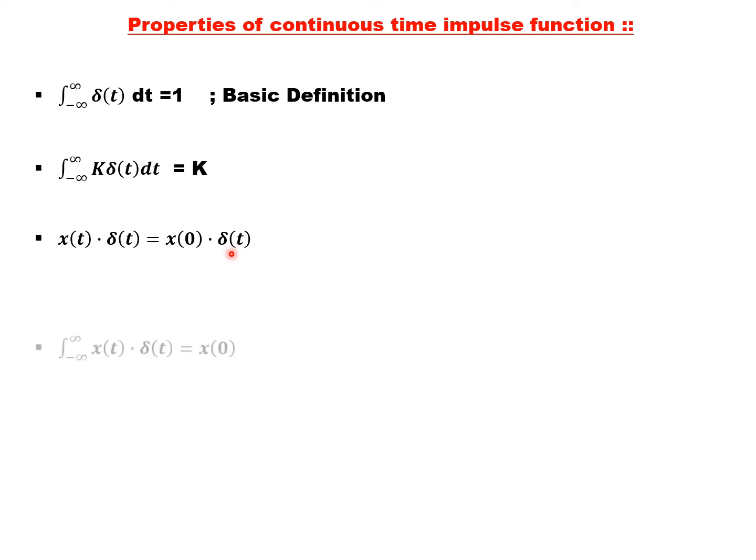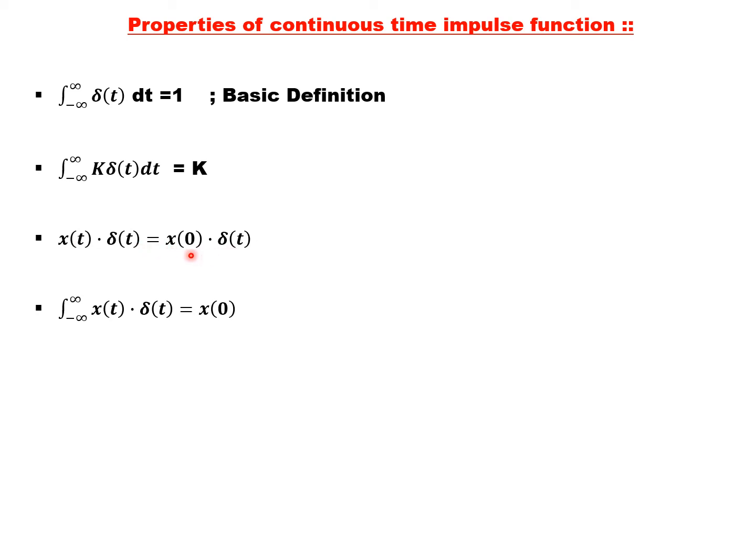Okay, next property. Now if you integrate this product, that is, if I integrate x at t into delta t, then the resulting value is x at 0. When you multiply x at t with delta t, you get x at 0 into delta t.